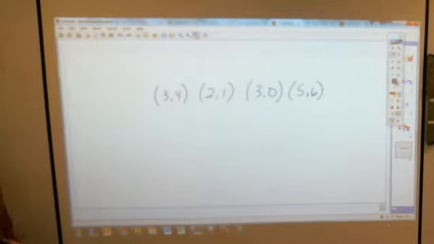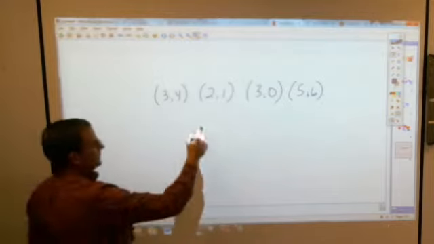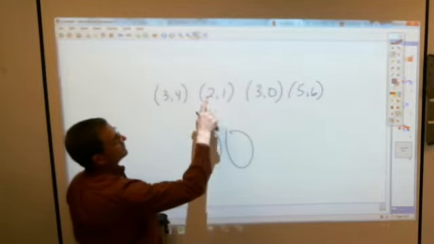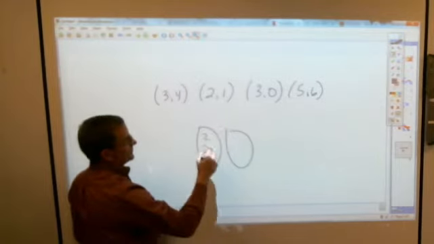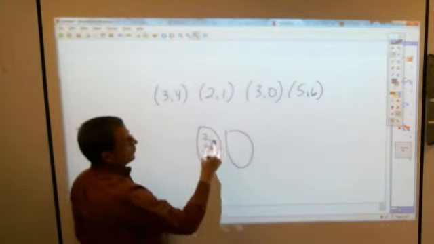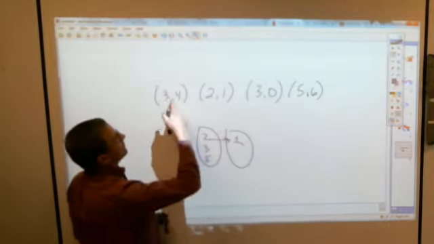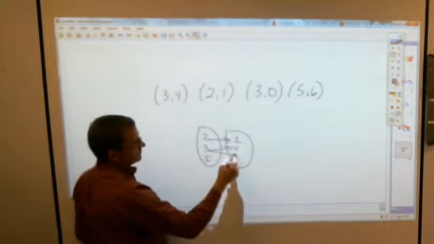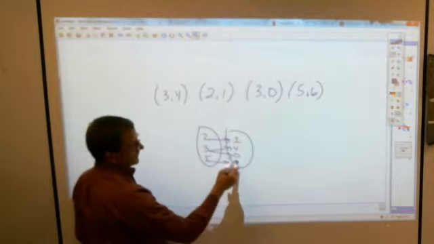If I asked you, just looking at those ordered pairs, if that would be a function or not, you should be able to look at it, but you could do it as a mapping. Let's do it as a mapping. What are my x's? I have 2, 3, and 5 for my x's. 2 goes to 1, 3 goes to 4, and 3 goes to 0, and 5 goes to 6.